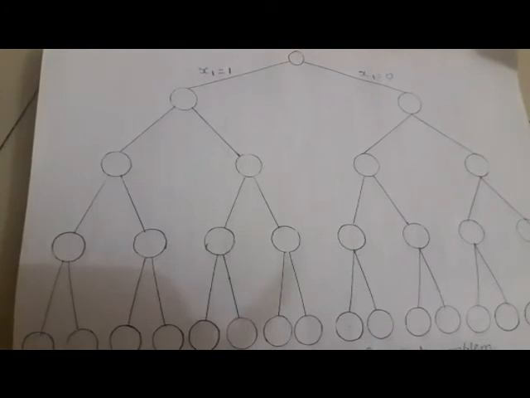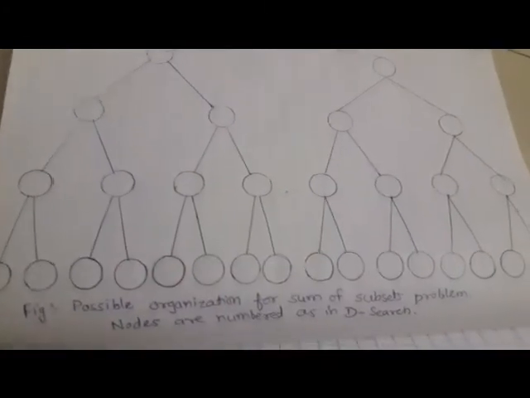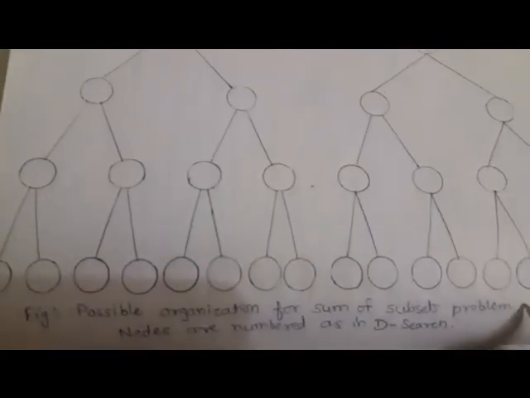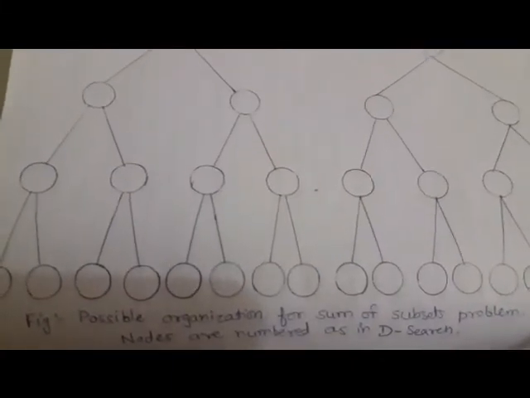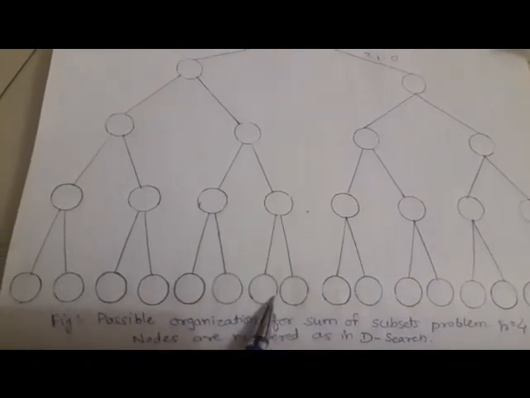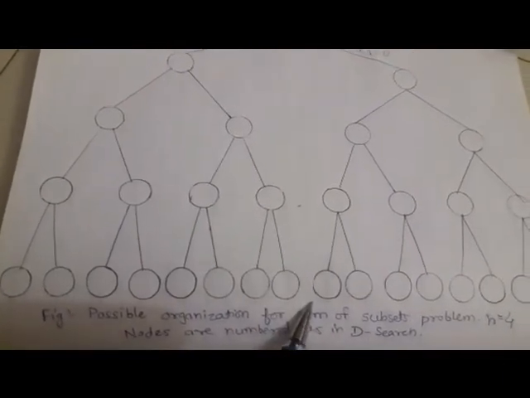Now this is the diagram for n equal to 4, and therefore it has 2 raised to 4, which means a total of 16 leaf nodes.